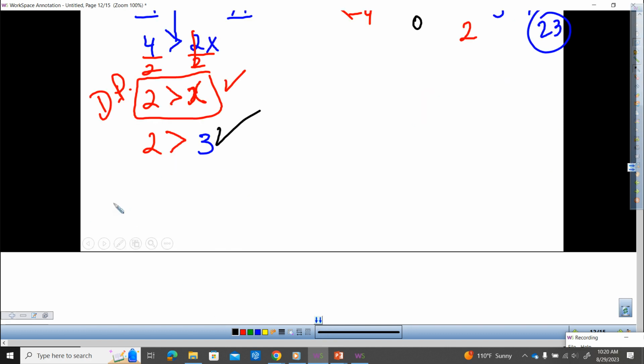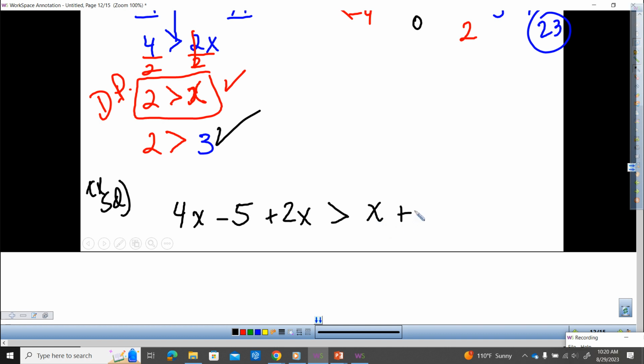Here we go. Example Super Q. Let's do 4x minus 5 plus 2x, greater than x plus, give me a number, 3.